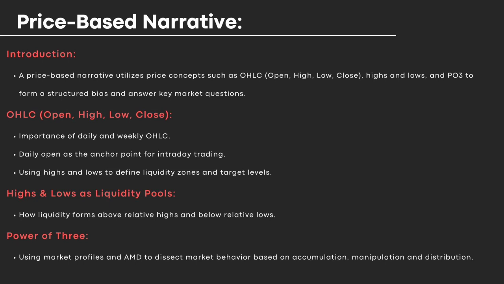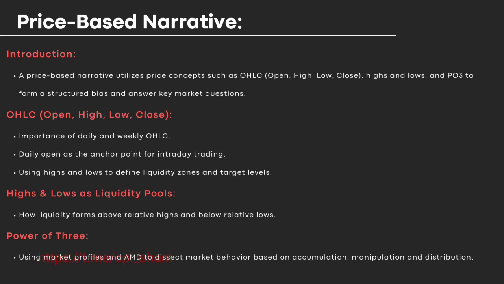For example, if price stays above the daily open, it suggests that we have bullish momentum, and below the daily open, we have bearish momentum. You can watch the open high low close chapter that I've made about it, and basically that would help you understand this concept even more, and then you're going to be equipped with enough knowledge about using this concept and actually approaching it the right way.